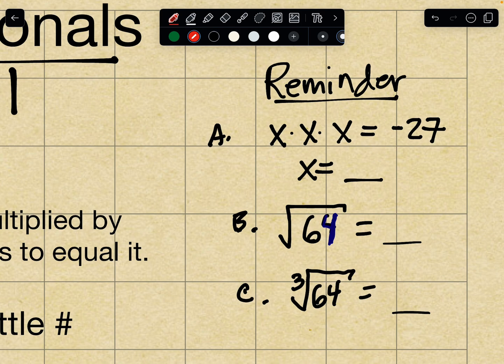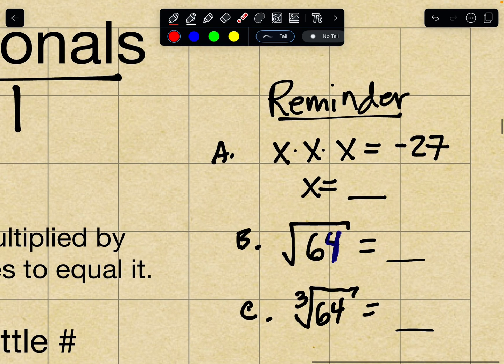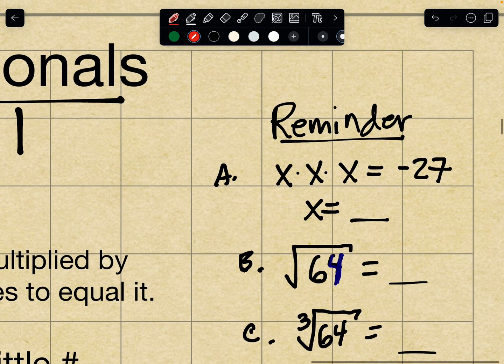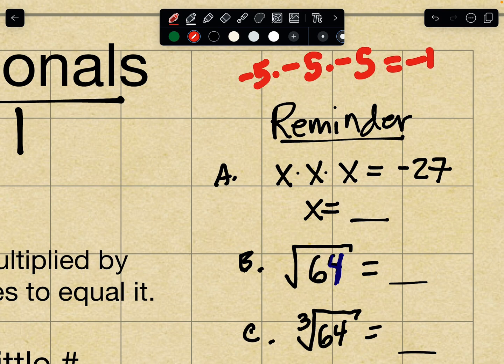So what number times itself 3 times will give me negative 27? And you could start with things like, I'm going to say negative 5. But if I take negative 5 times negative 5 times negative 5, I get negative 125, and that's way too small. I want negative 27.